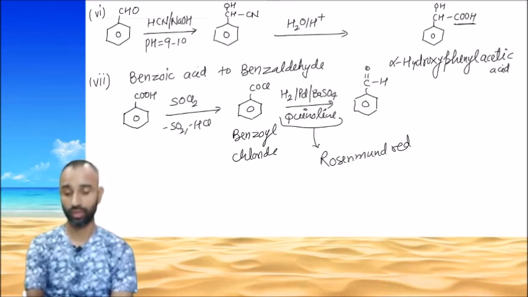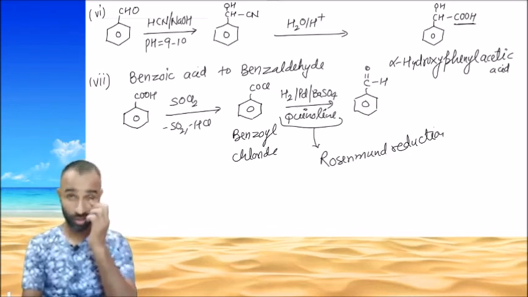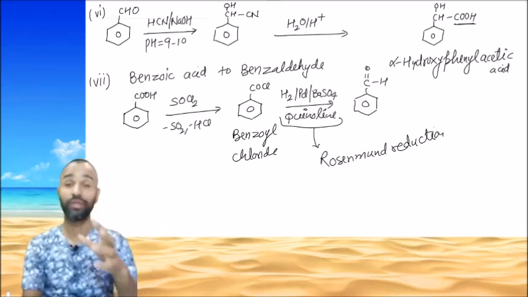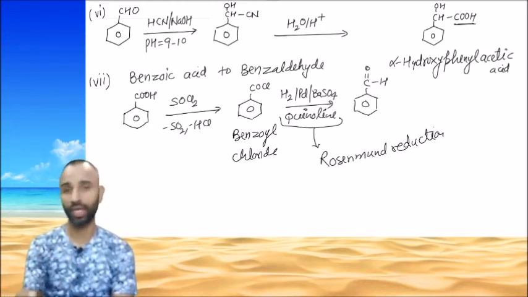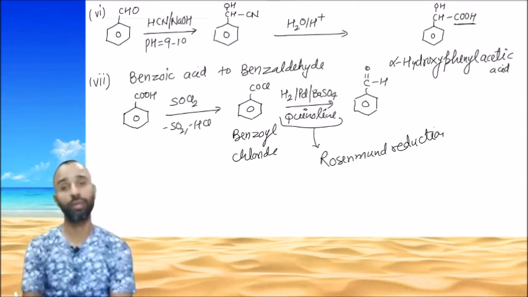By using Rosenmund reduction, we can convert acid chloride into aldehyde, except formyl chloride, that formaldehyde cannot be prepared by that method. Except that, all acid chlorides can be converted into aldehyde by using Rosenmund reduction.